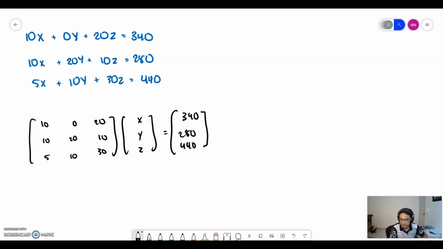Okay. So then what we need to do is to find the A inverse.